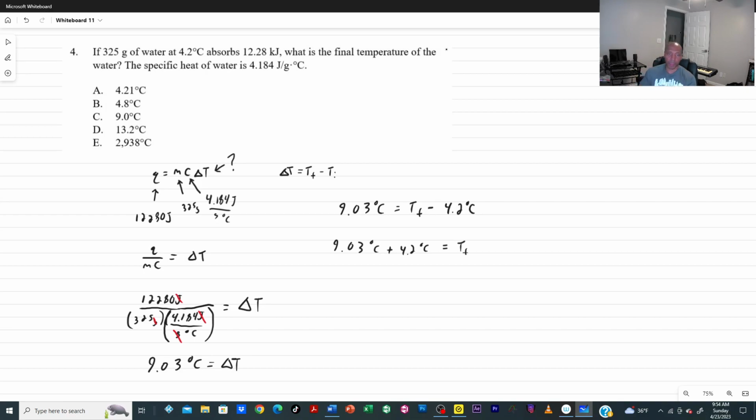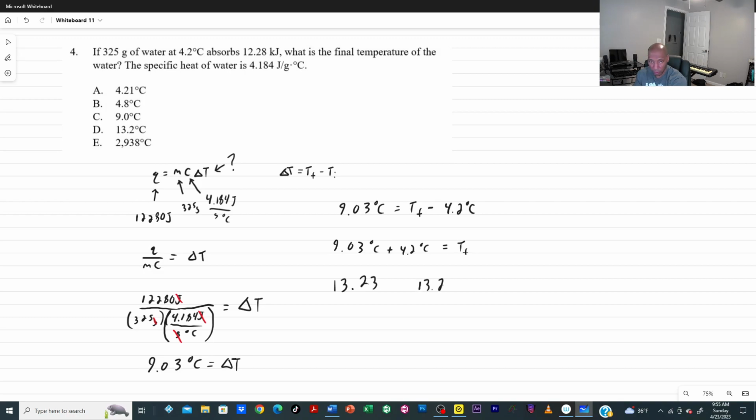Now, of course, since we're going to end up adding this to both sides, I'm going to say 9.03 degrees Celsius plus 4.2 degrees Celsius is equal to T sub F. Of course my answer, since one of these numbers has 2 digits to the right of the decimal point, and the other one has 1 digit, and I'm adding, my answer is only good to 1 digit to the right of the decimal point.